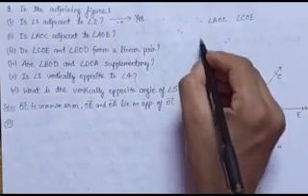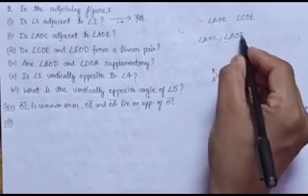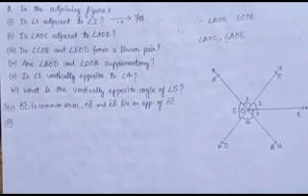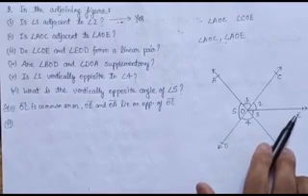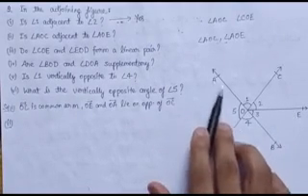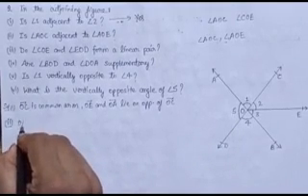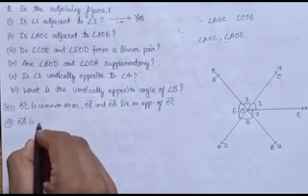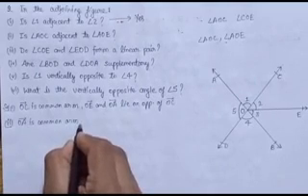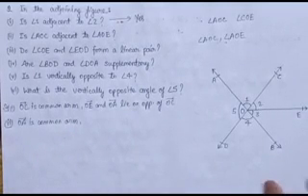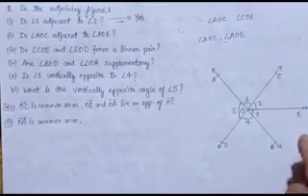For angle AOC and angle AOE, you can see that these two angles have a common arm AO. So we can write OA is the common arm. But let us check whether their non-common arms lie on the opposite sides of the common arm or not.